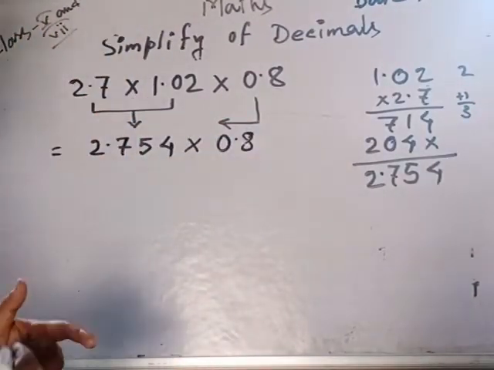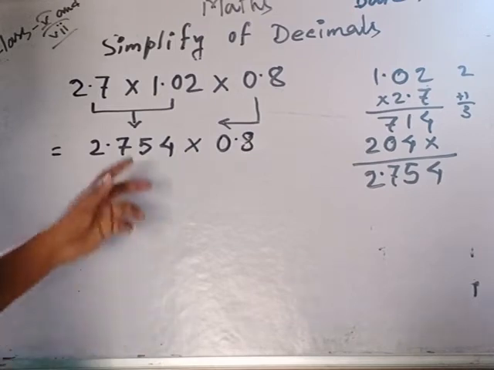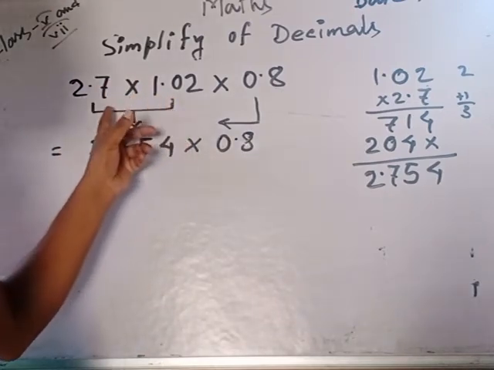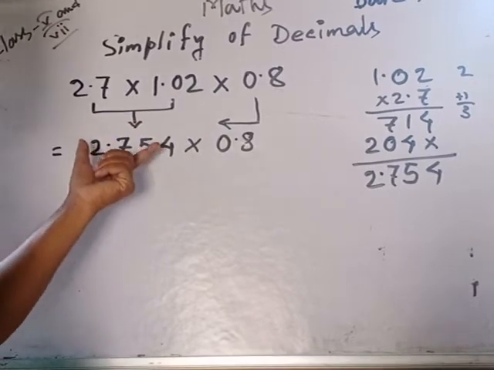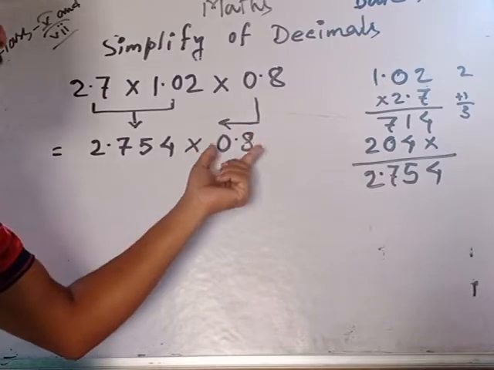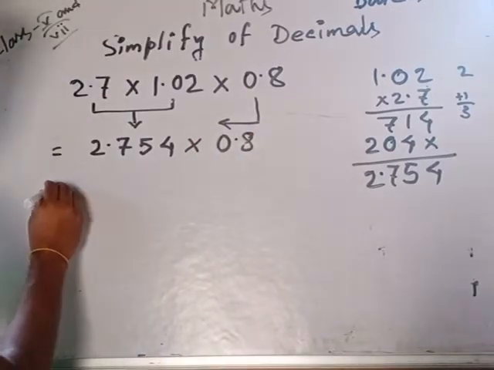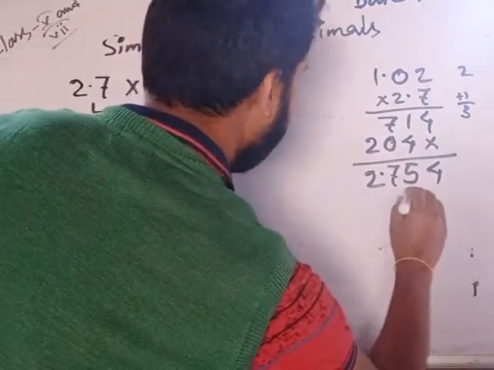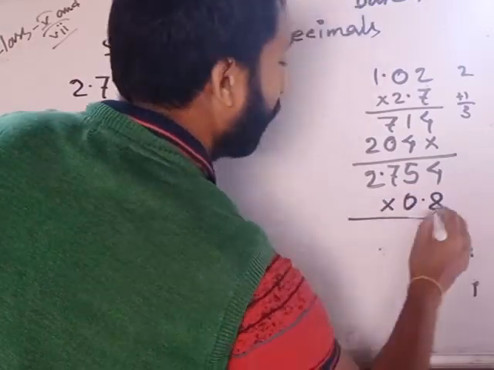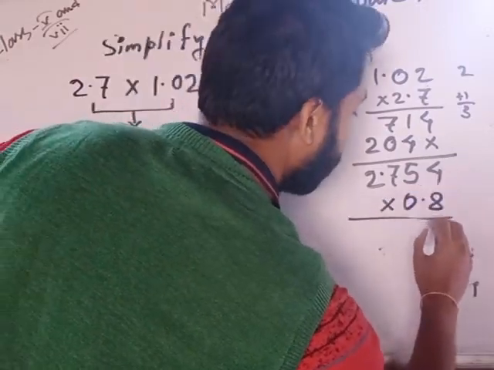After that we should multiply step by step. At first you should multiply the first 2 numbers. After getting the product, you should multiply this number in the next step. We should multiply by 0.8. 8 4s are 32.